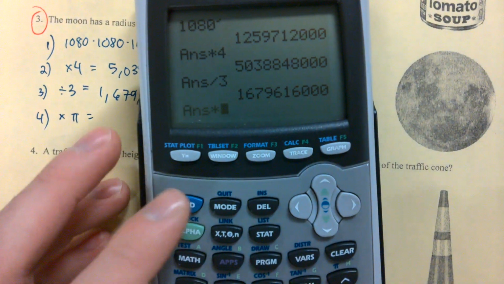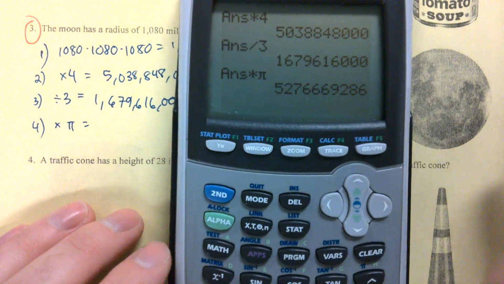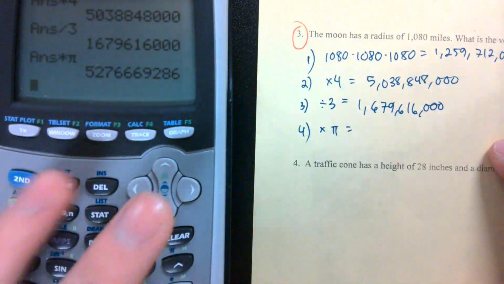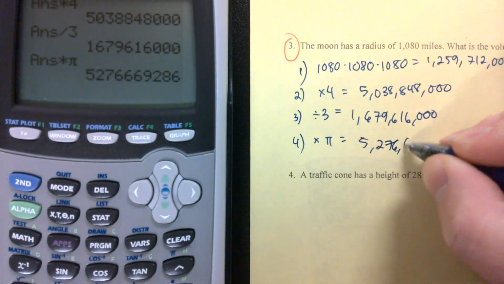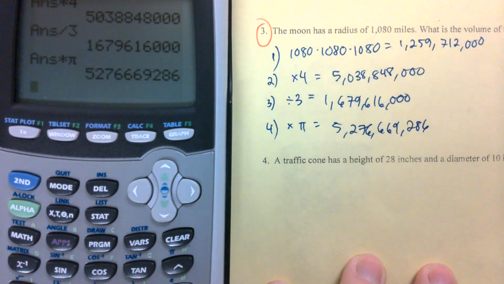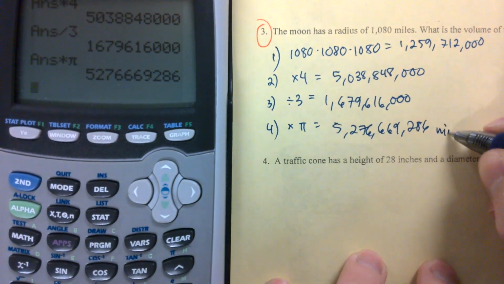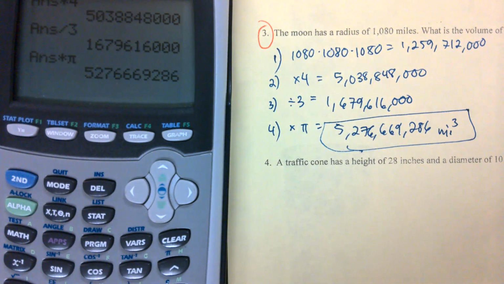So in our calculator, we'll do times pi. And we get 5,276,669,286 what? Miles cubed. Boom.